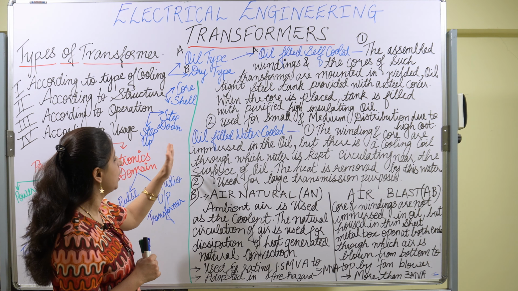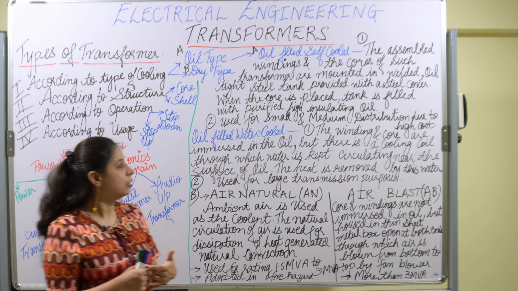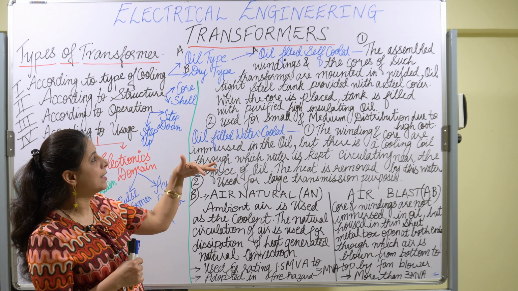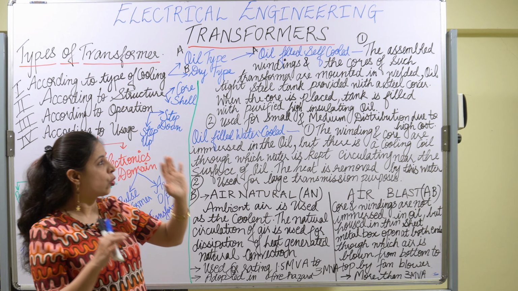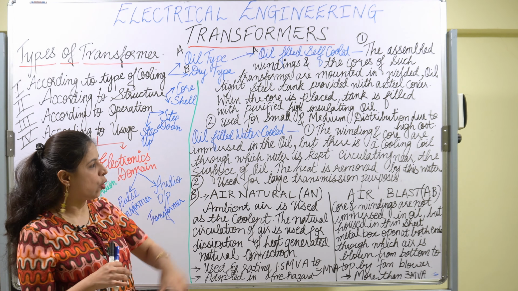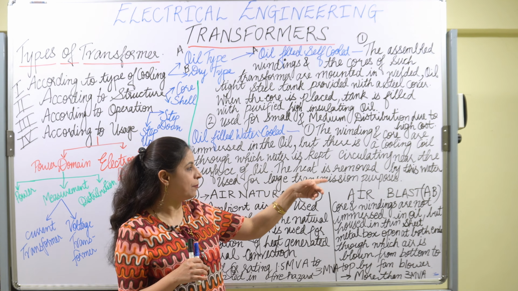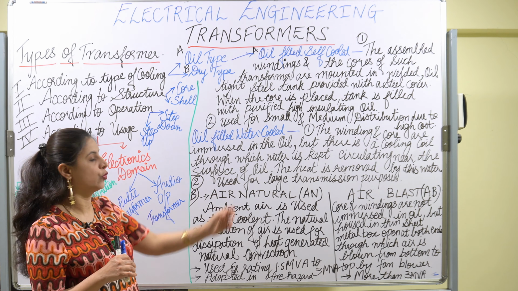The second type of transformer in this category is oil filled water cooled. Here also the windings and cores are assembled, but they are not placed in the oil. There is a cooling coil through which water is kept circulating near the surface of the oil.